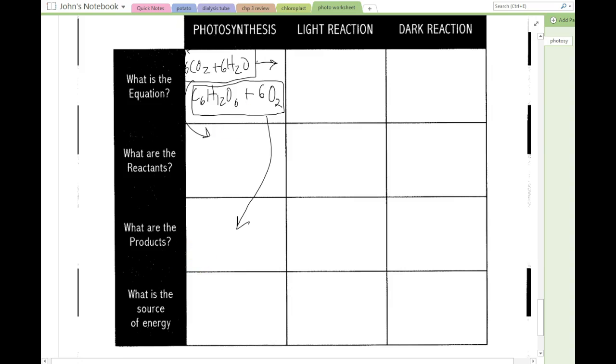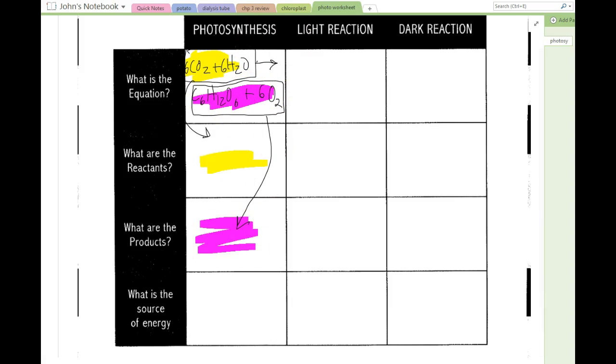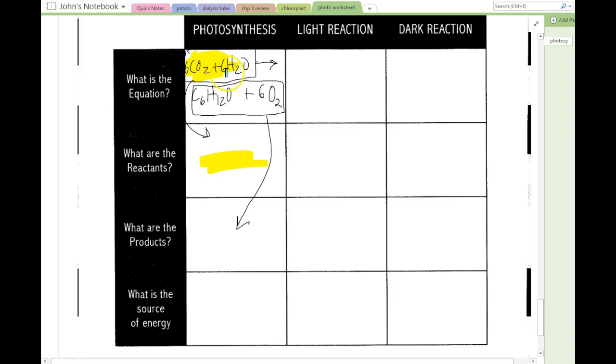Got it? So that goes here, right? And that goes here. Does that make sense? That looks awful? Whatever. Should I use a different one? Whatever, Mr. Vieira. Products. Is that better? Whatever.